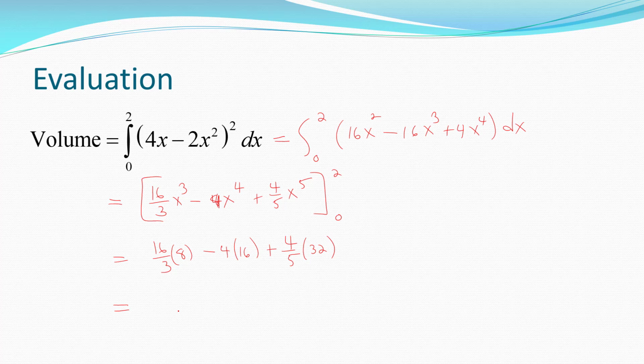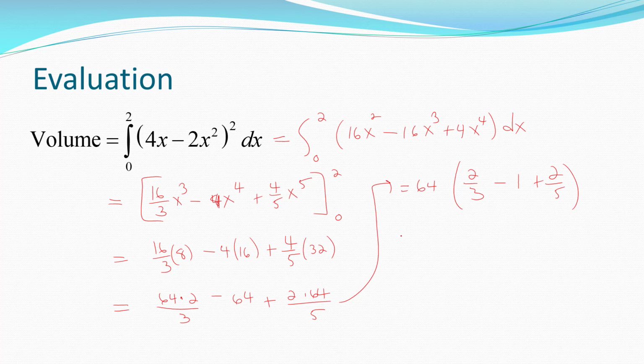Actually, you can divide each by 64, it looks like, because this 16 over 3 times 8 is actually 64 times 2 over 3, while this is 64, and this is plus 2 times 64 over 5. So you could take out the 64, and you'd have left over 2 thirds minus 1 plus 2 fifths.